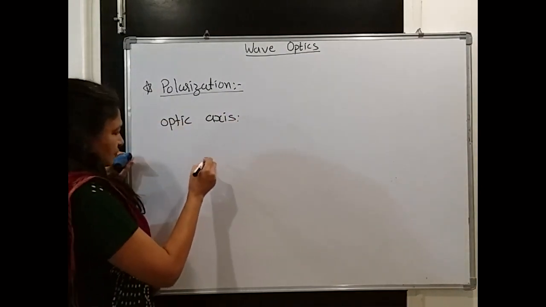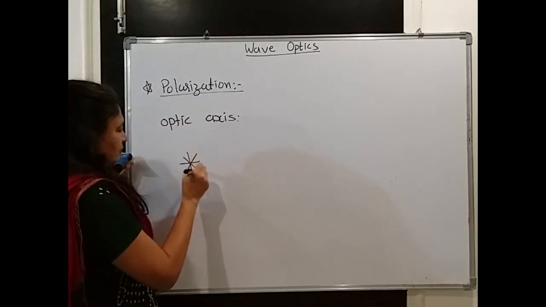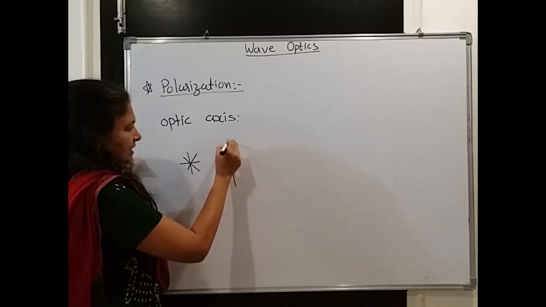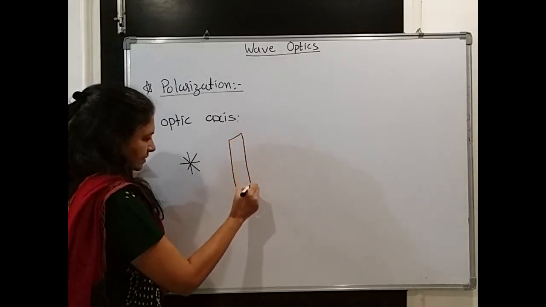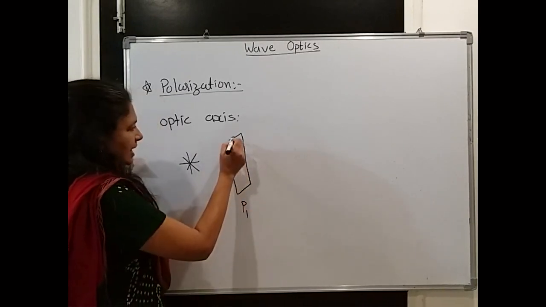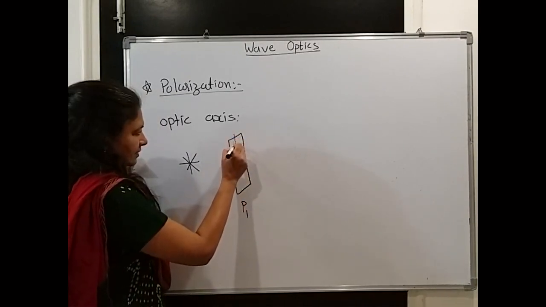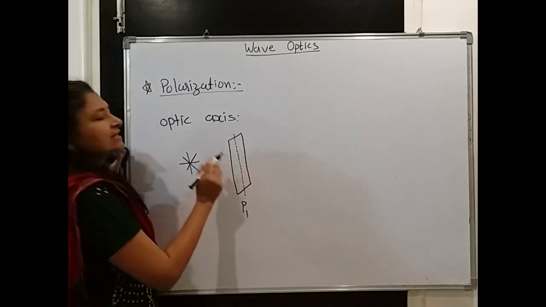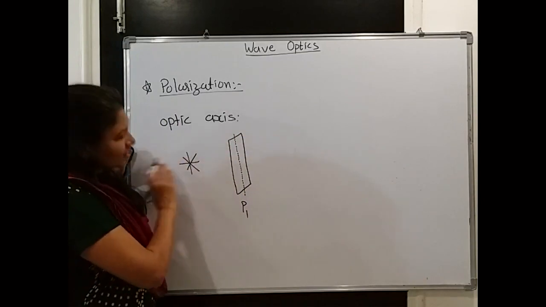Now, suppose this is my unpolarized light. Here, I am keeping one polarizer. Let us say this is P1, and this dotted line represents its optic axis.